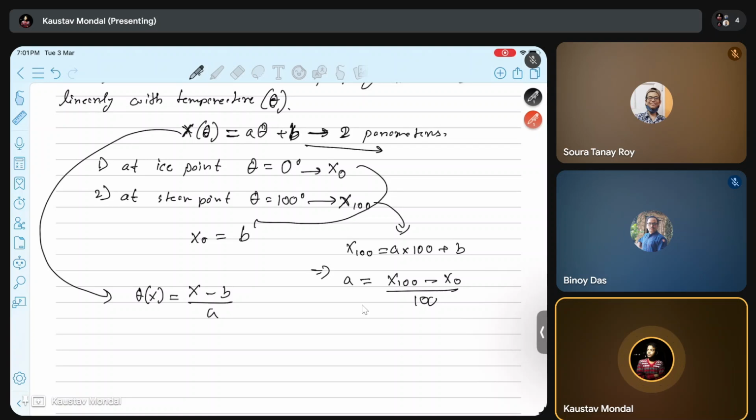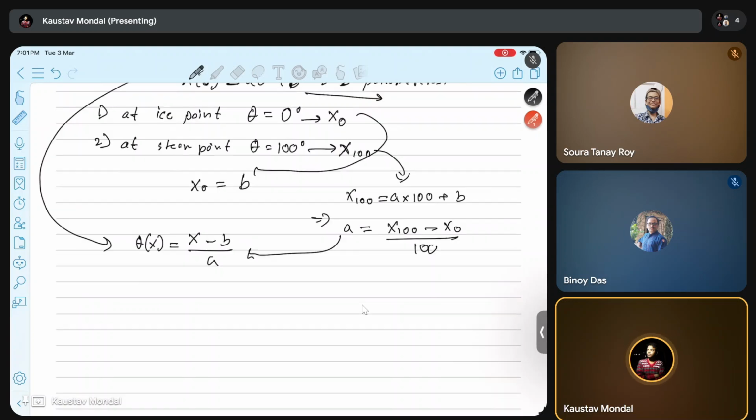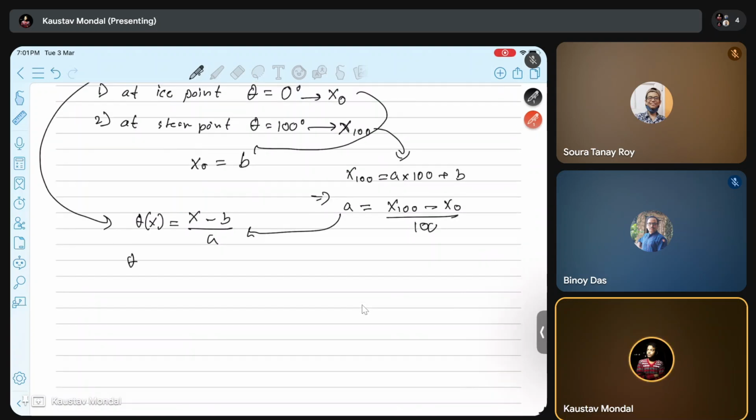We know b is x0 and a is this, so if we substitute, we can write theta(x) equal to (x minus x0) by (x100 minus x0) into 100.